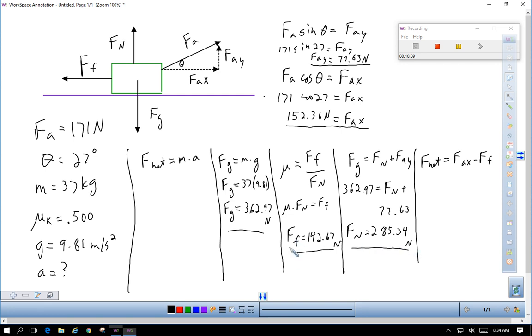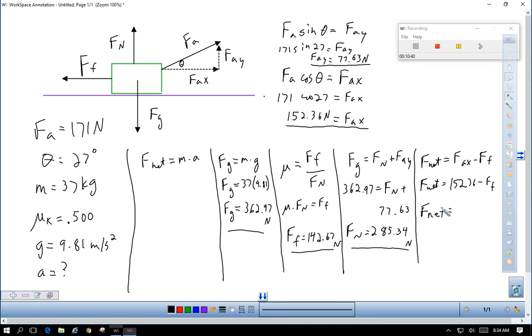Okay, so then I've got Ff, and I know Fax, so I'm ready to find Fnet. So Fnet will equal Fax, which is 152.36, and subtract Ff. When I do that, Fnet is going to be pretty small.